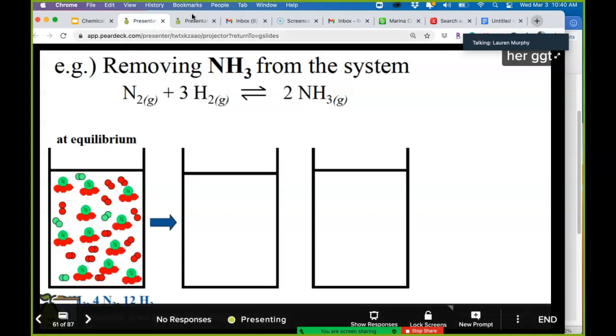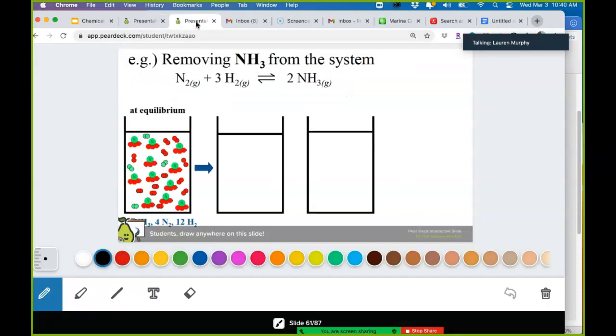So I have this system that I say, hey, this is what I have at equilibrium. So K equals products. There are 11 ammonias divided by reactants. There are 4 nitrogens, and there are 12 hydrogens.